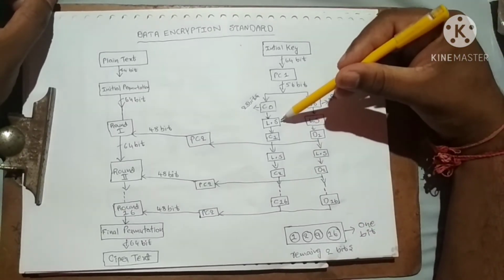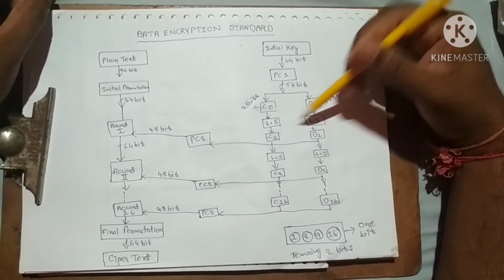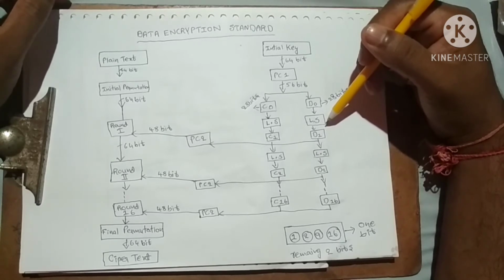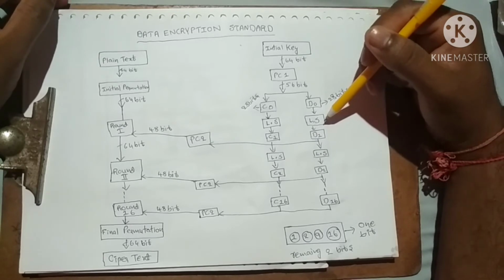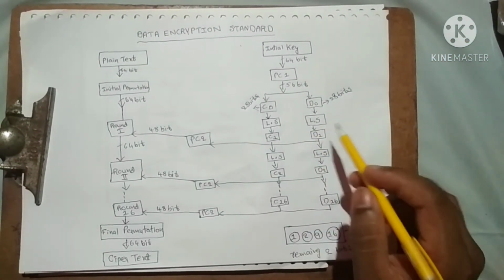Then we apply a left circular shift on both. In a left circular shift, what happens? It depends on the round.